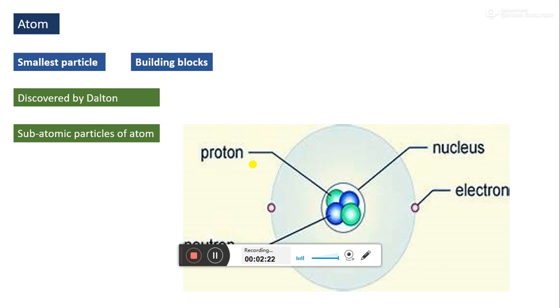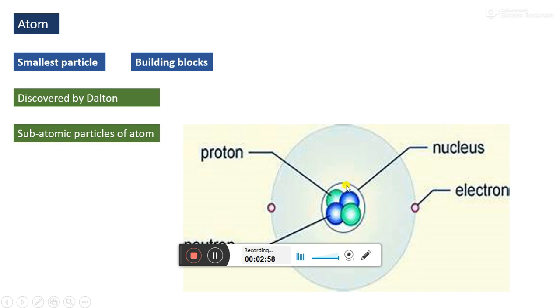If we see the atom, the small atom has some subatomic particles. Subatomic particles means the atom consists of protons, neutrons, and electrons. I have shown the diagram of the atom in which you see two circles. One is the bigger circle, one is the smaller circle. The bigger circle is the whole atom boundary.